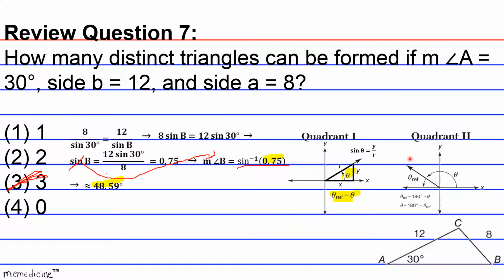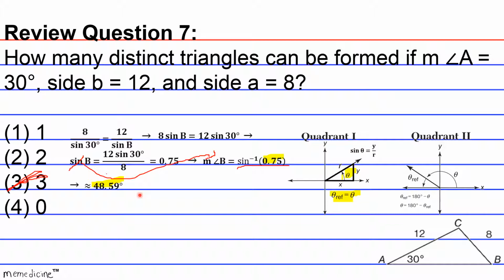All right, so hopefully that clarifies things, or hopefully I didn't confuse you even more. So now we're ready to basically increase our awareness that there is another angle in quadrant 2 with the same value for sine as 48.59 degrees, which occurs in quadrant 1.